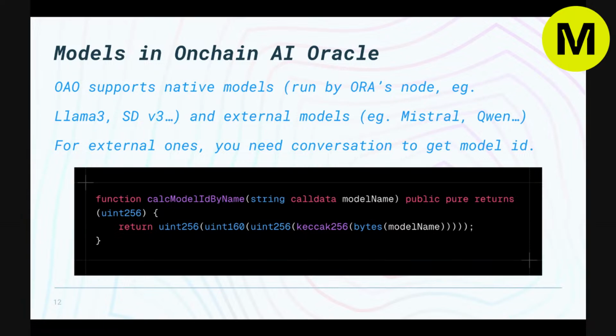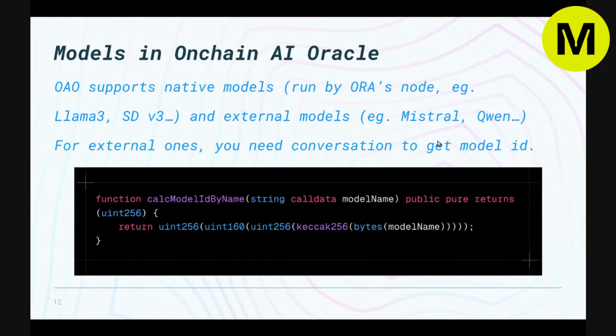These models are running natively, so we have assigned a distinct model ID to them. For example, Llama is 11 because of the two starting L's at the very start, and SD, Stable Diffusion, is 50 because it's like a digit representation of the alphabet S and D.